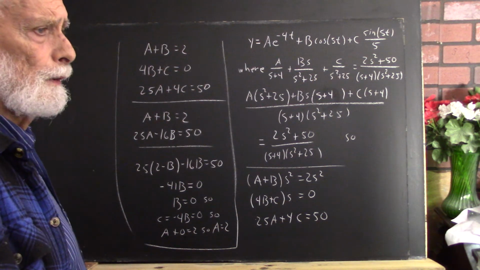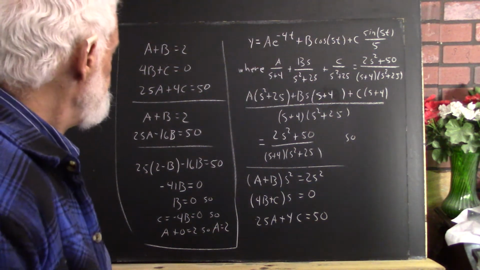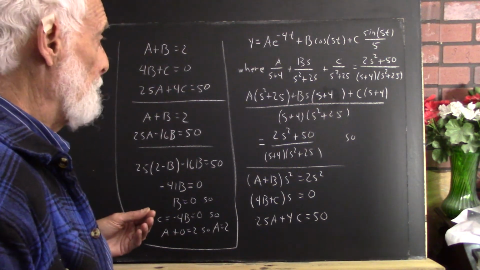You're going to have non-zero multiples of the sine and the cosine. There's no question about that.